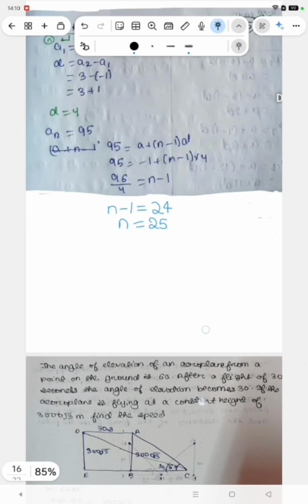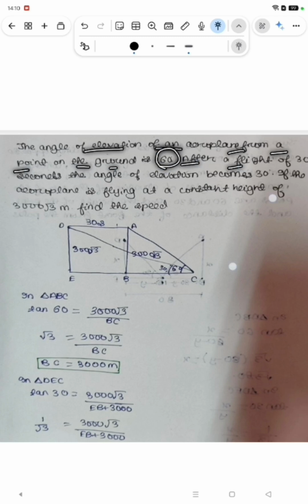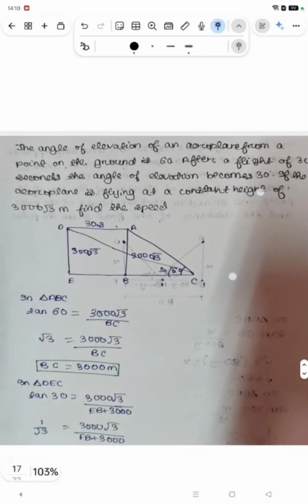Then third question. The angle of elevation of an aeroplane from a point on the ground is 60 degree. After a flight of 30 seconds, the angle of elevation becomes 30 degree.